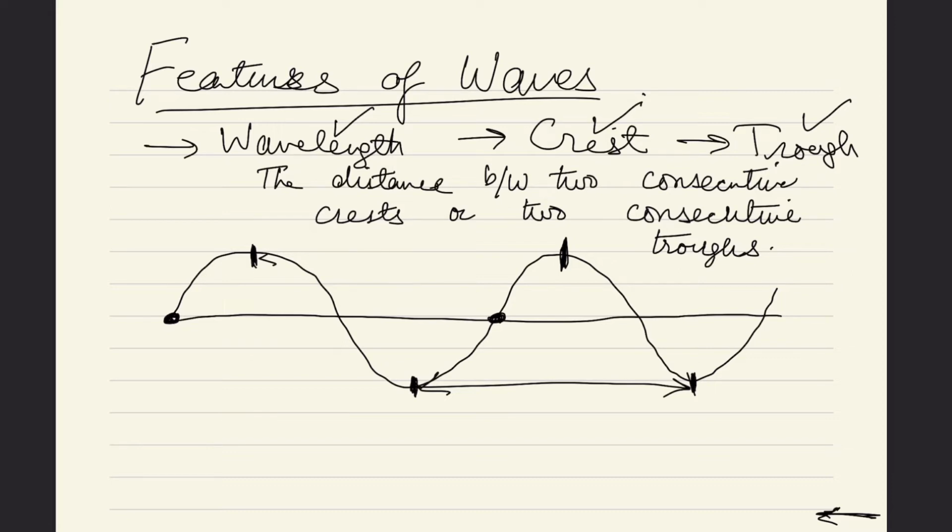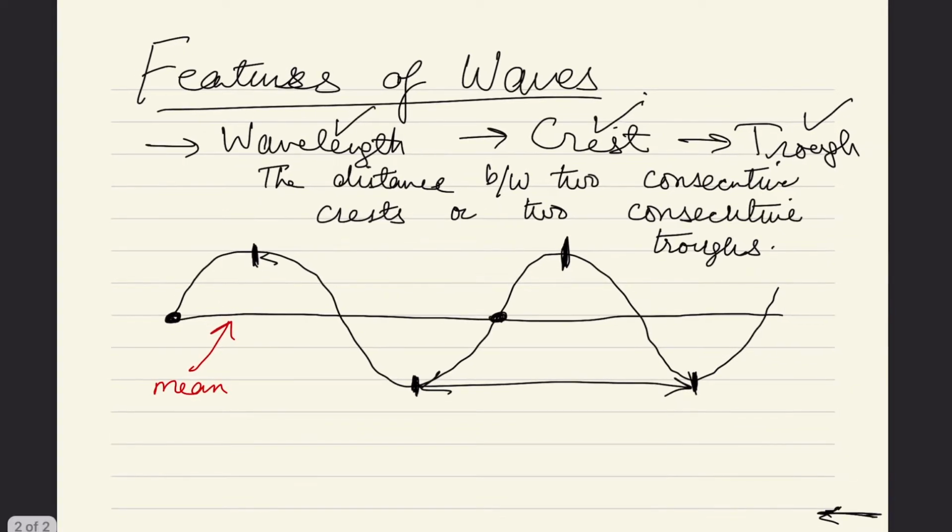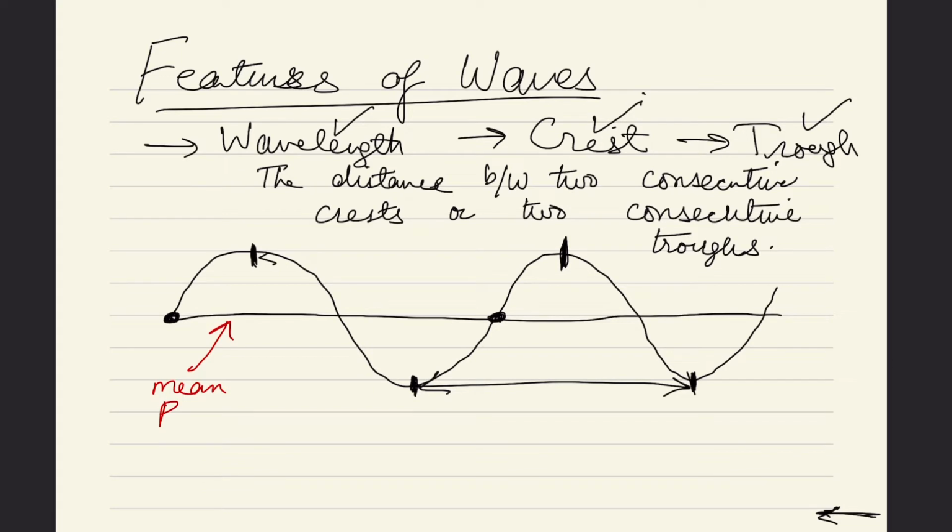Basically, first of all we have to discuss the position. So this position of the wave is the mean position, and this position over here, that's the extreme position. Similarly, this is the positive extreme, and that's the negative extreme.